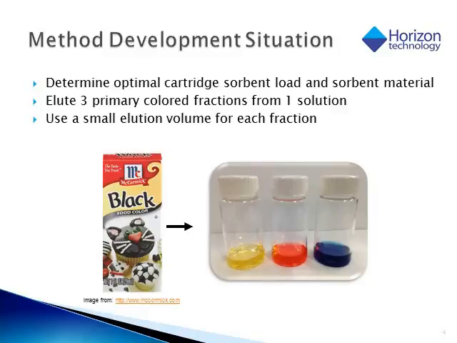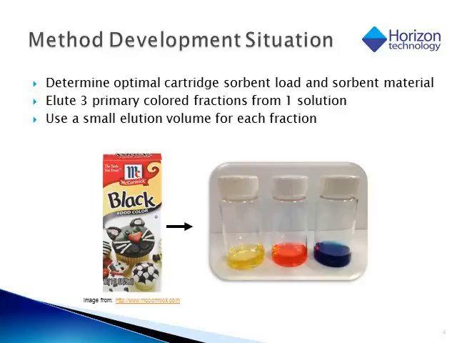Here we have a very basic situation for method development. And keep in mind, this is done for a specific reason, to focus on the process for method development and also the optimization factors to consider. So the basic nature of this exercise is to focus on the actual process and details, not the science. So here the situation is to determine which particular cartridge sorbent load and sorbent material to use.